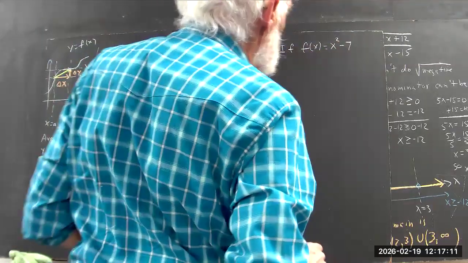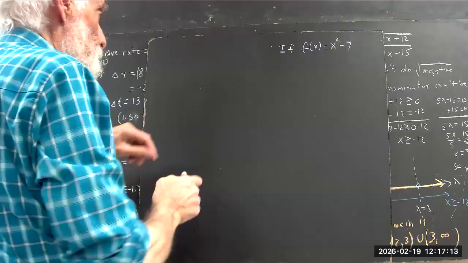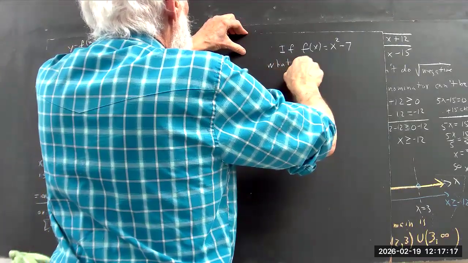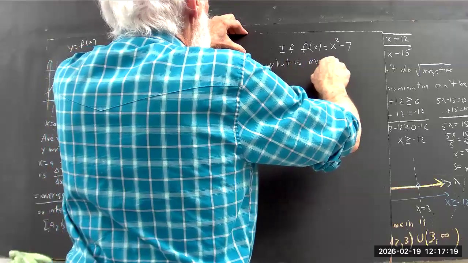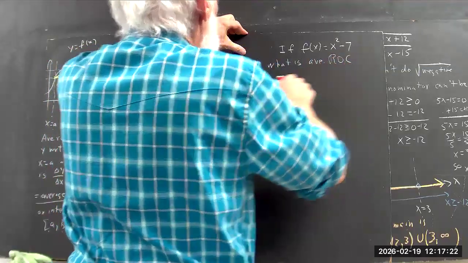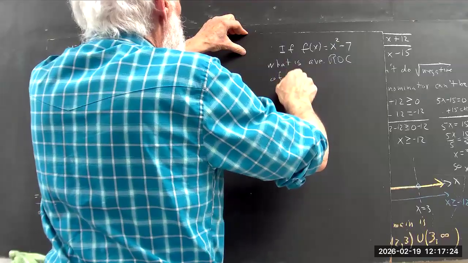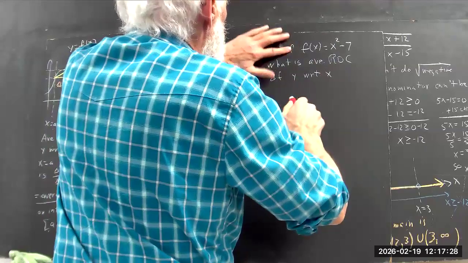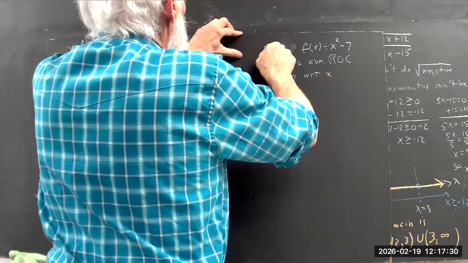If f of x equals x squared minus 7, let me make this a little more rigorous.